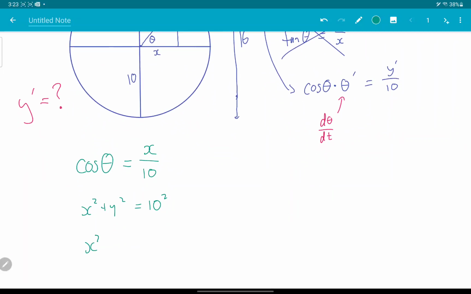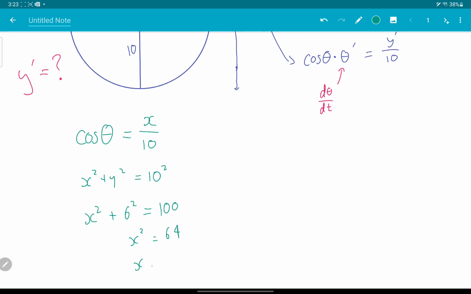Plug that in, and I will have my x. So x squared is going to be 64. So x will be 8. Okay, it's plus or minus 8, but I throw away the negative because we're talking physics here. So x is 8.